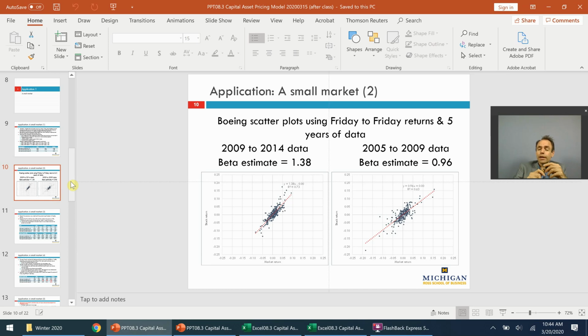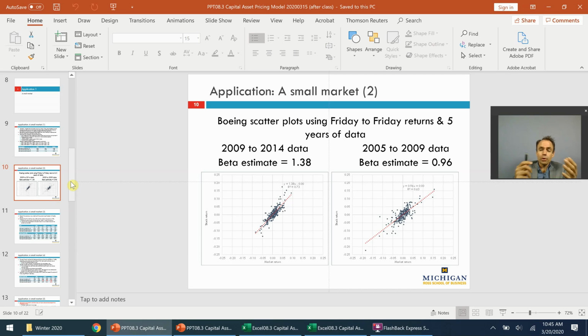If another analyst had a beta estimate of 1.4 for Boeing, 1.4 times the market risk premium of 6% would be a number of 8.4%. So going from analyst 1 that had a beta times market risk premium of 6% to analyst 2 that has beta times market risk premium of 8.4%, that's a 2.4% increase in the discount rate.